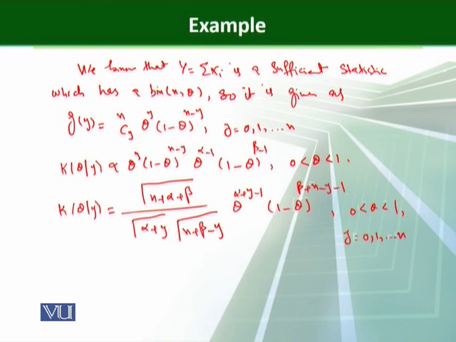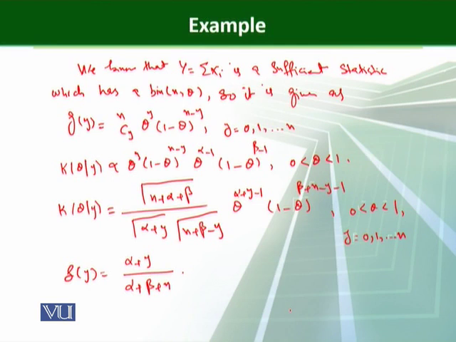Hence the posterior density is a beta density with the Bayes estimator, that is alpha plus y over alpha plus beta plus n. Actually that is the mean of the beta distribution.